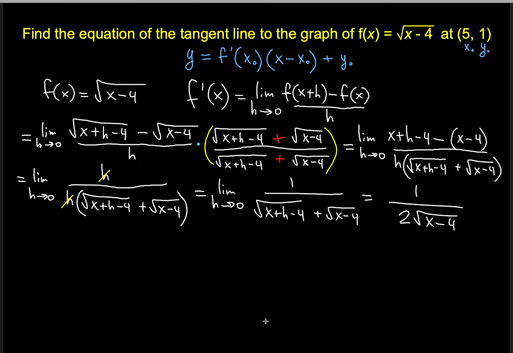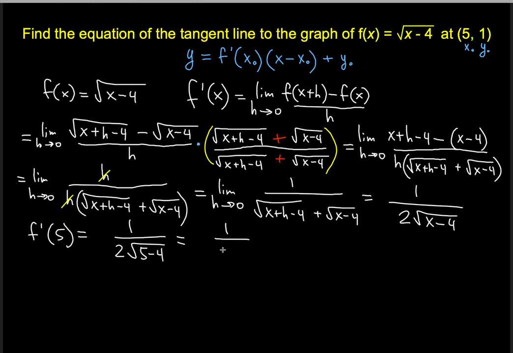Okay? So as a result, now that you found this derivative, we can find the derivative at the target value of x naught, which is 5. Okay? So now let's find that. So the derivative at x value of 5 is going to be 1 over 2 square root of 5 minus 4.